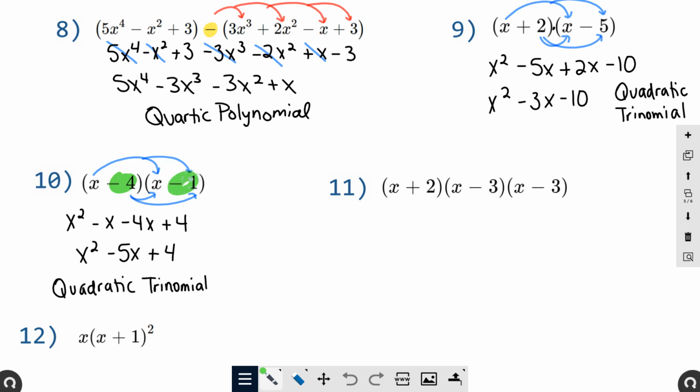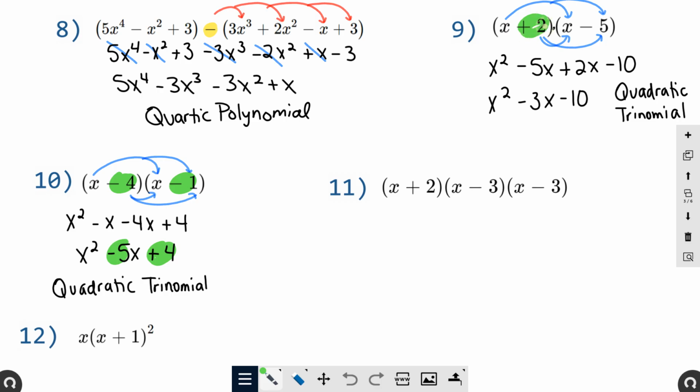What's negative 4 minus 1? Negative 5. And then multiplying together. What's negative 4 times negative 1? Positive 4. So if you add the numbers, you get the middle term. If you multiply the numbers, you get the last term. So that's a shortcut for you.